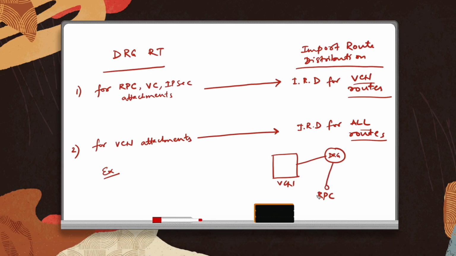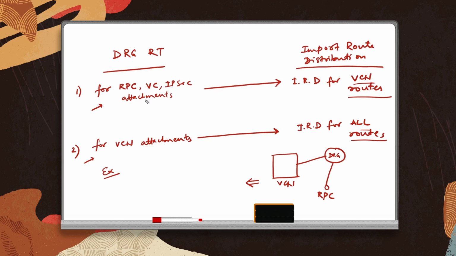Now if this is a simple setup, what do you think which entries will be there in the first route table and which entries will be there for the second route table? So for the first route table, which is the route table for RPC, virtual circuit, and IPsec attachments, it will import the routes for only VCN.